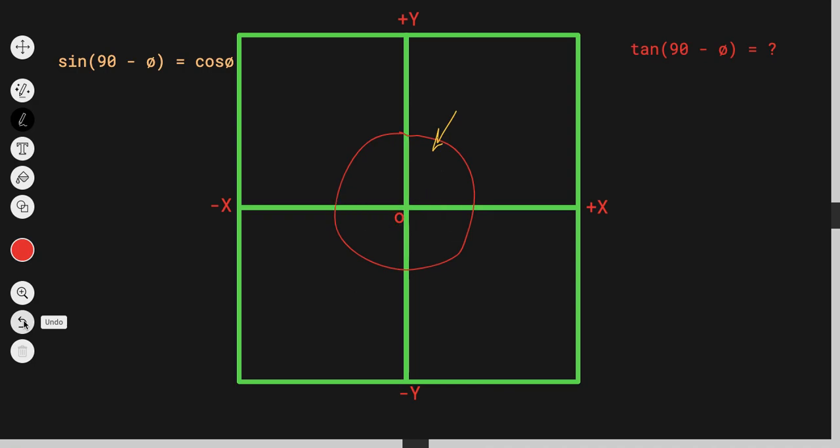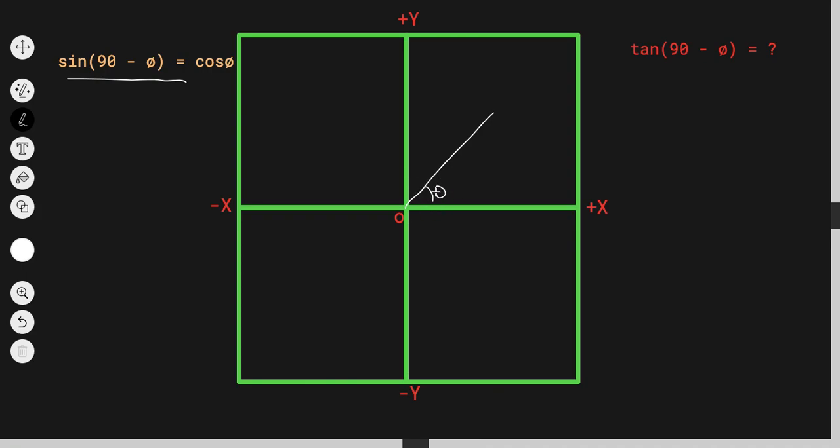Now let us get into the depth of the question we are trying to address here, and see why we are getting this solution. Let us draw an arbitrary line from the origin, and let us suppose that this angle is theta.